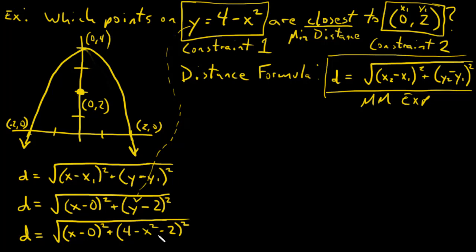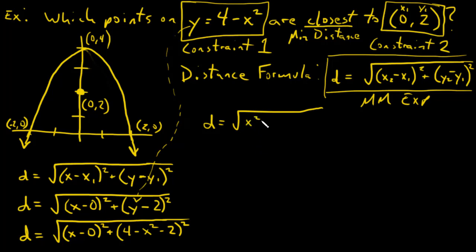Okay, so now my y expression has been substituted in, and look what just happened. I now have a distance formula that has been constrained with both constraints and is a function of x only, which is really, really nice. So I'm now going to combine terms, square everything, gather like terms, and see what I get for my expression for d. So the distance is going to equal the square root of, well, this is just going to be x squared, right?